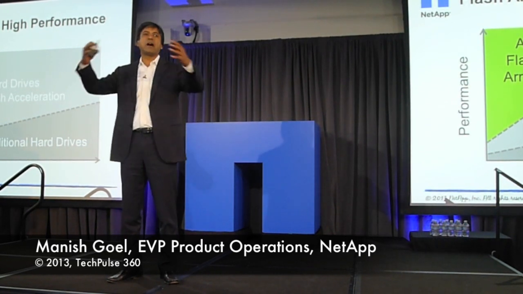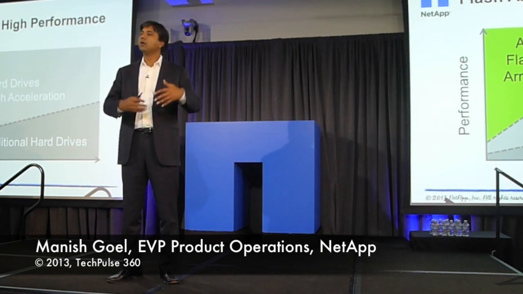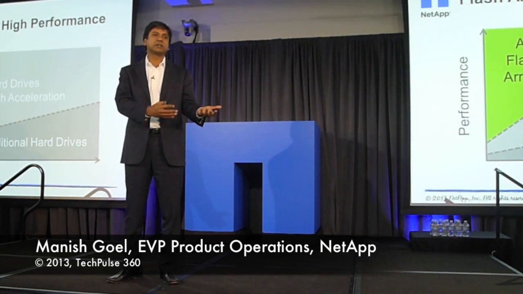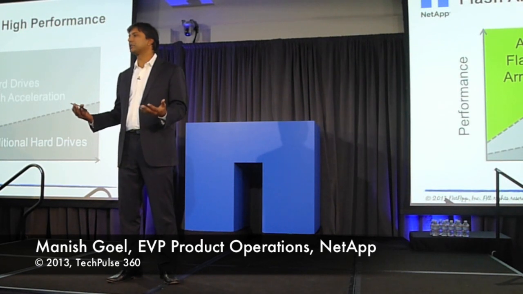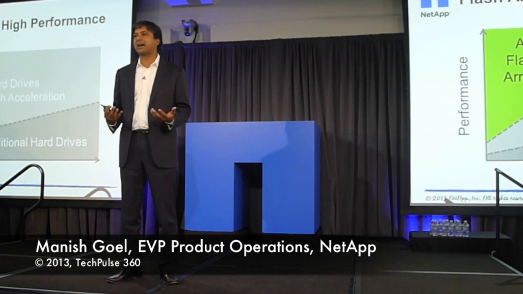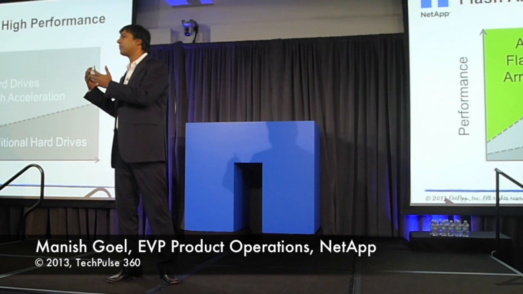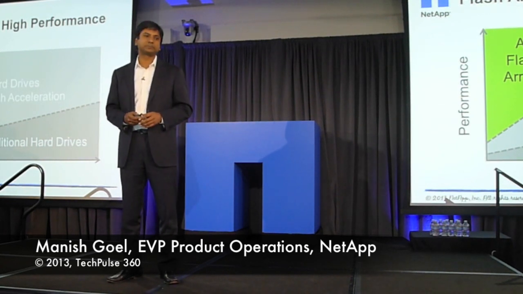So that ends up defining the conversation zone, which is, when are we talking about all Flash arrays? When are we talking about hybrid arrays, which are combining the characteristics of Flash and hard drives? And when are we talking about all hard drive arrays?